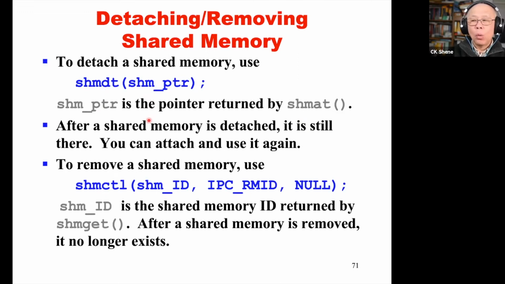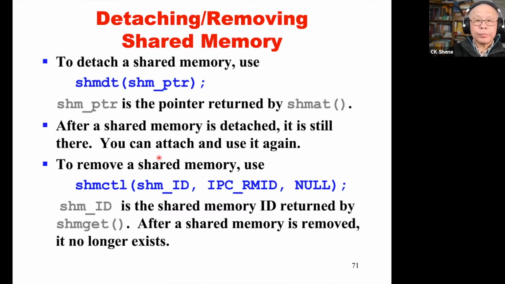You have no way to use it again. What if later in your program, you want to use that piece of shared memory? Simple, attach it again by calling shared memory attach with the same shared memory ID and not 0.